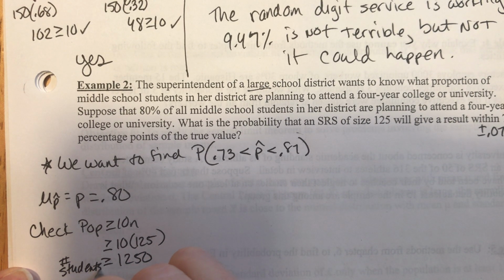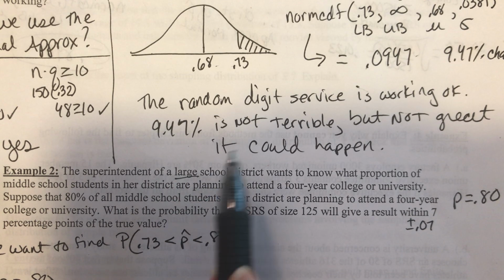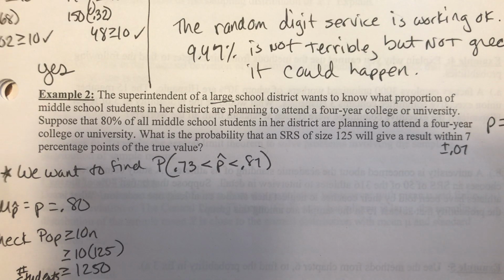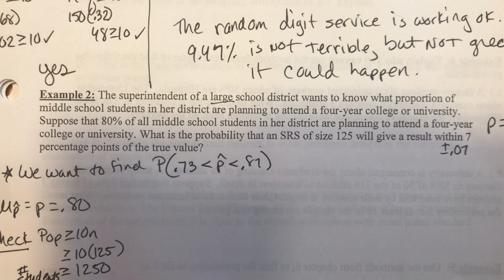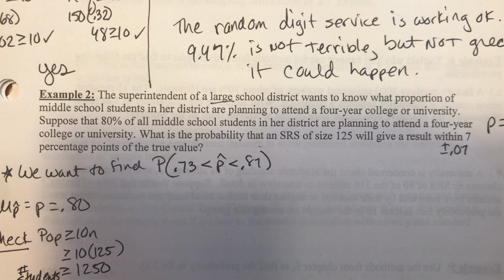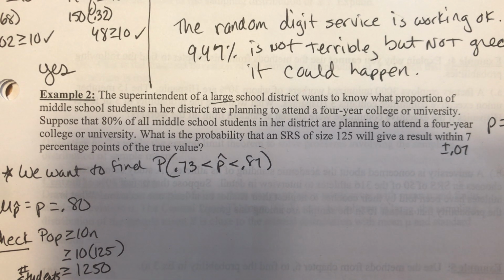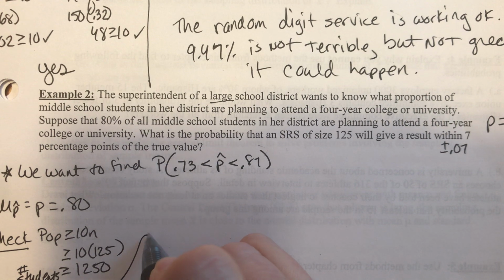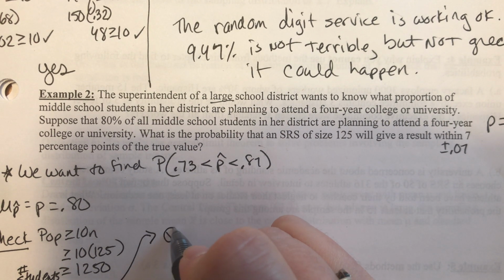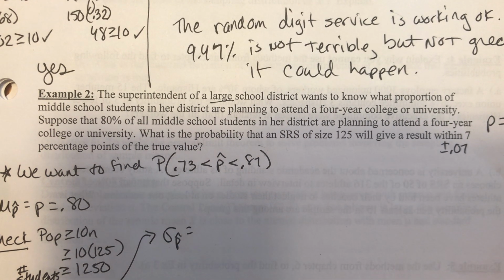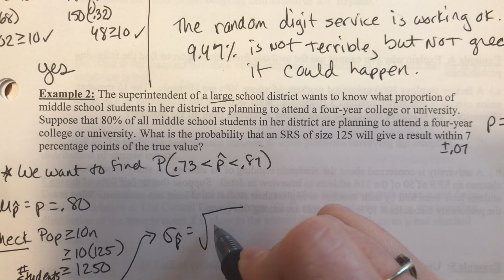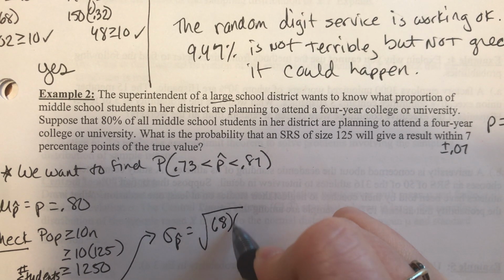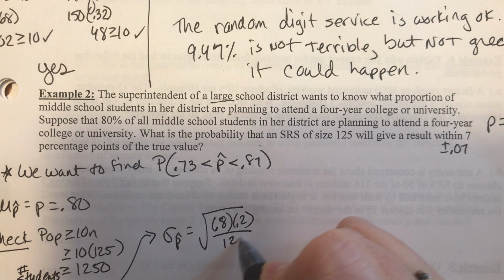Since this problem said a large school district, I would say that's reasonable. So our first check is reasonable, which means we can now figure out that the standard deviation of the sampling distribution is equal to the square root of P times Q over N.